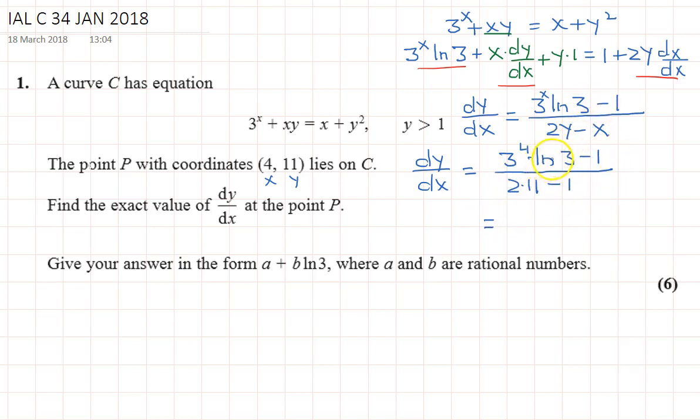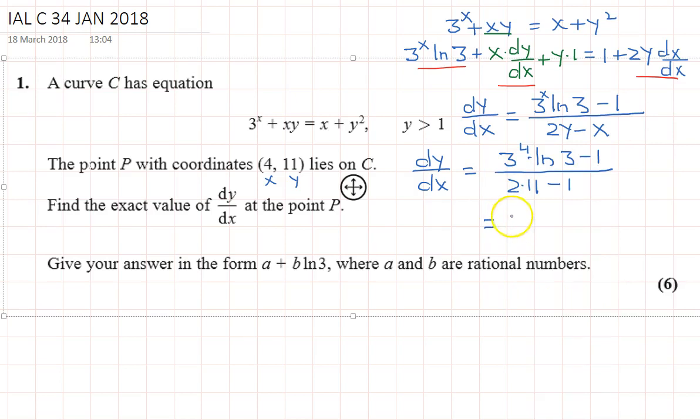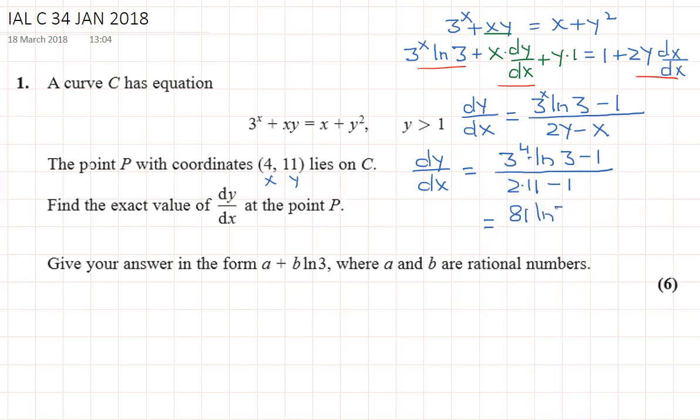So that will be 3 to the power 4, that is 81 ln 3, minus 1, over 22 minus 4, which is 18.